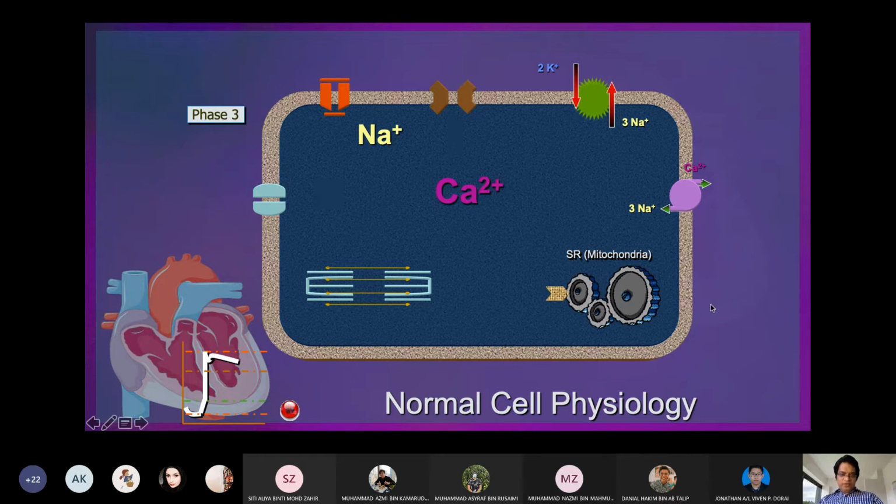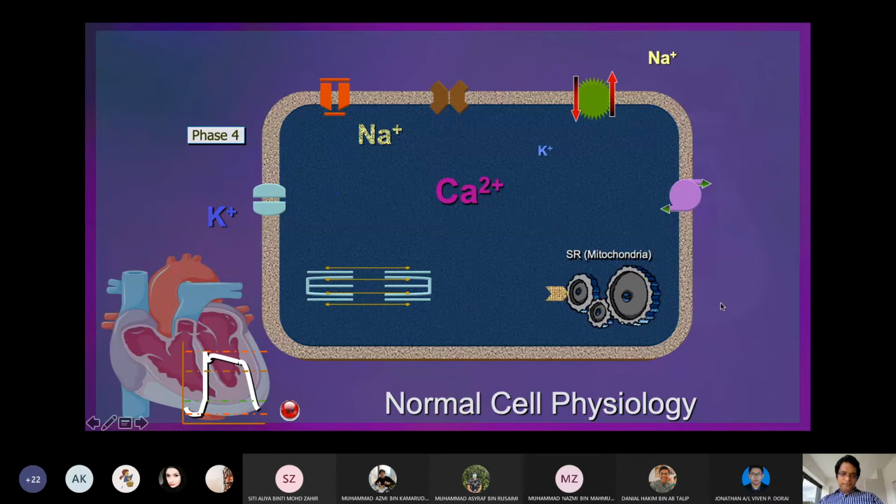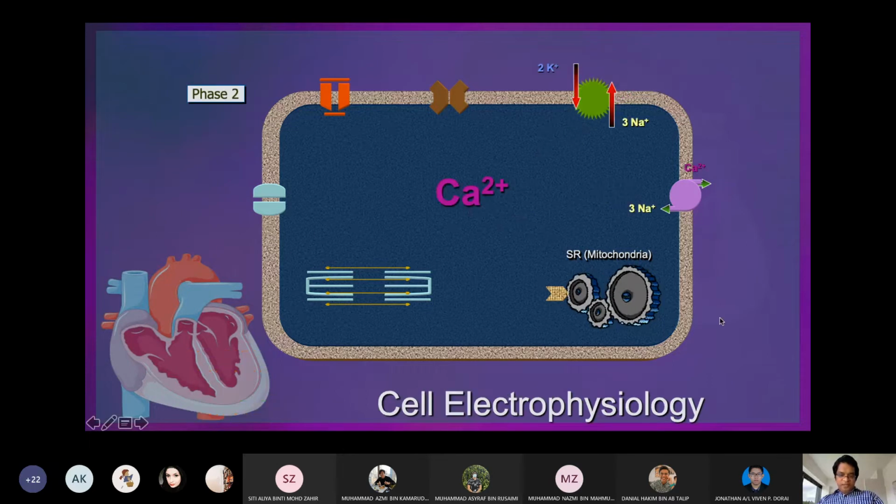After phase 2, there is phase 3, where potassium is eliminated largely from the cell. Phase 4 is the return to the resting state with the sodium potassium pump. So calcium went to the sarcoplasmic reticulum, and when needed, calcium will go and cause muscle contraction.